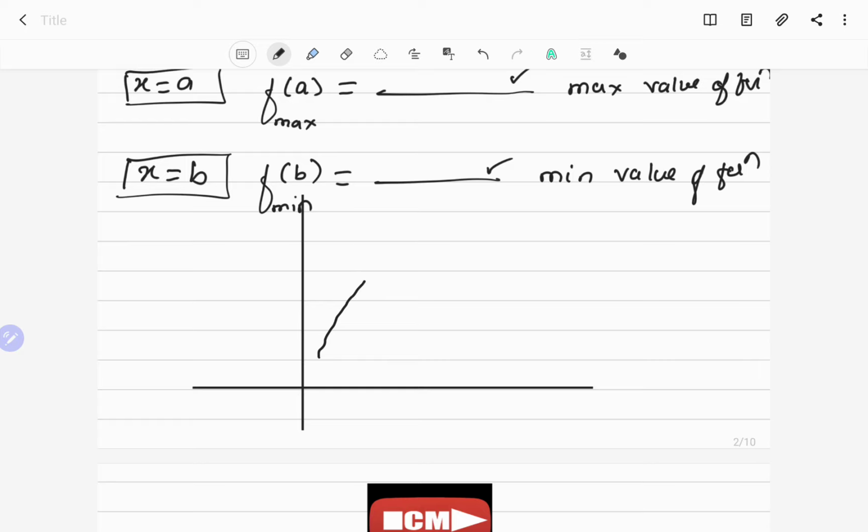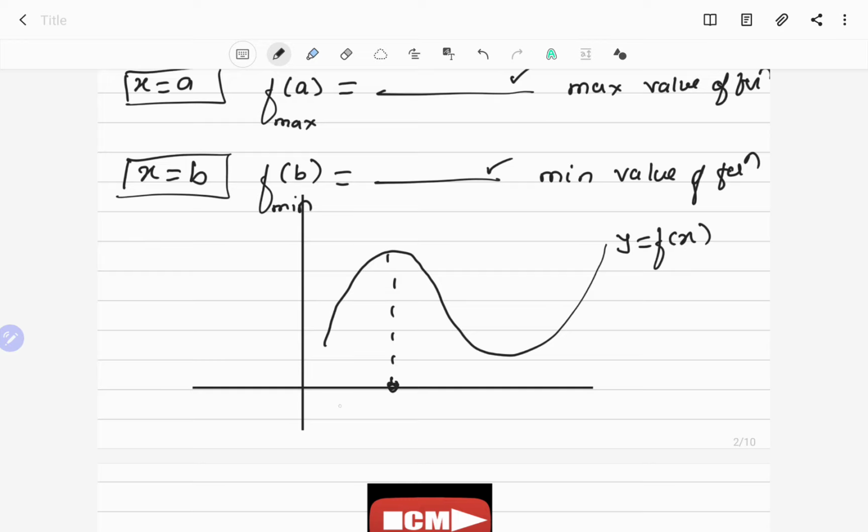According to them, at x equal to a, maxima occurs, and at x equal to b, the function is minimum. Let me try in one stroke. Let's say this is the given function y equal to f of x according to this theory.